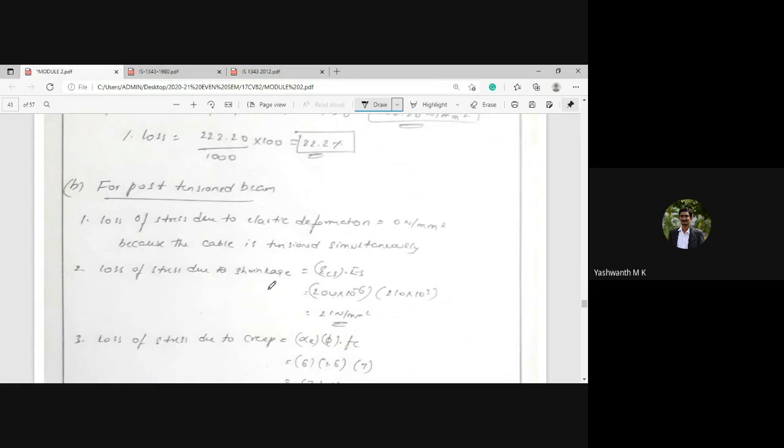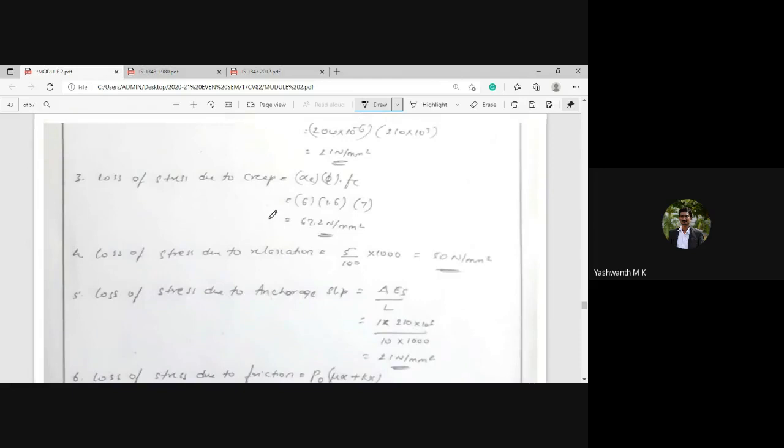Loss of stress due to shrinkage of concrete for post-tension. This data they have given: epsilon cs multiplied by Es. The shrinkage strain in the concrete for the post-tension beam is 200 into 10 to the power of minus 6. Substitute that into Es, and we get 21 Newton per millimeter square.